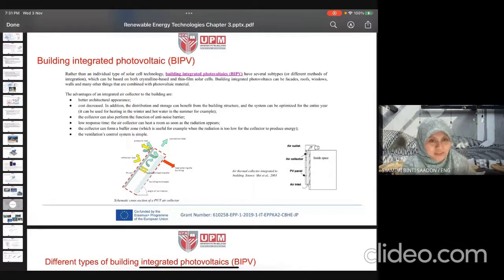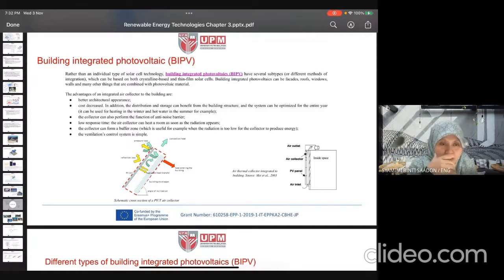One type of application for solar photovoltaic and solar thermal collector is in buildings. This is what we call building integrated photovoltaic, or simply BIPV. When we mention BIPV, we understand that it is about building integrated photovoltaic.